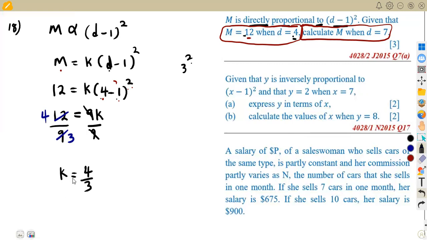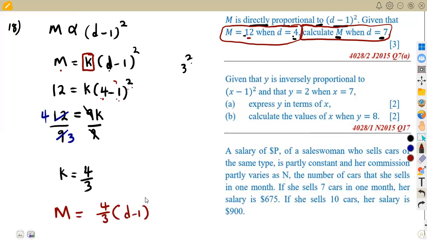This is not part of our question, but it's needed. The k that we're having here is just needed for us to calculate m when given the value of d. We must have a relationship that is connecting this m and d only. That means we are supposed to substitute back our k. So m is going to be equal to 4 over 3 into d minus 1 squared.